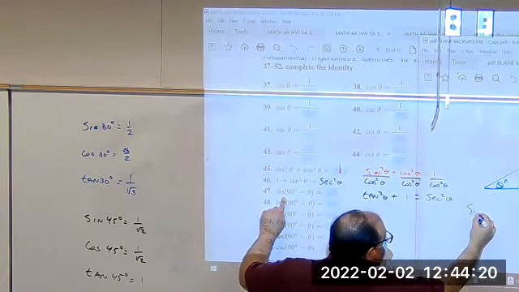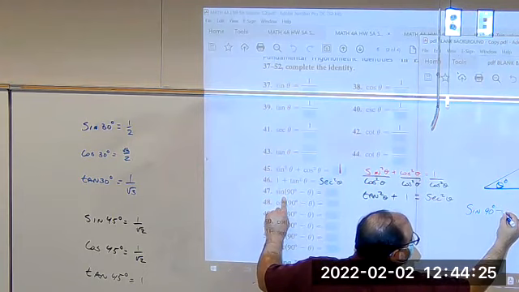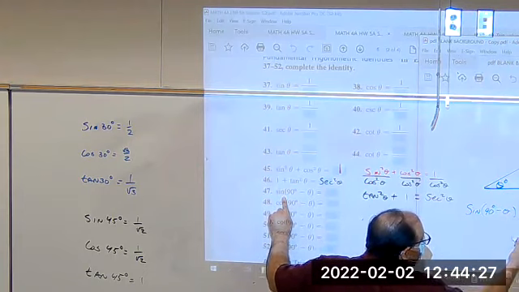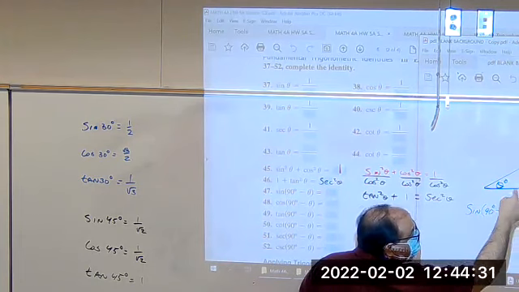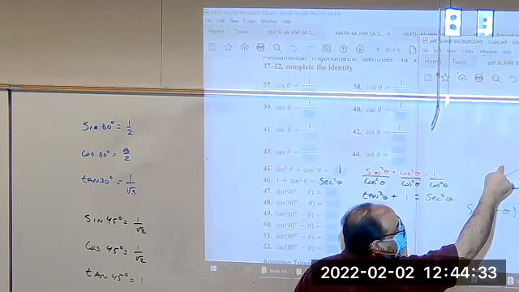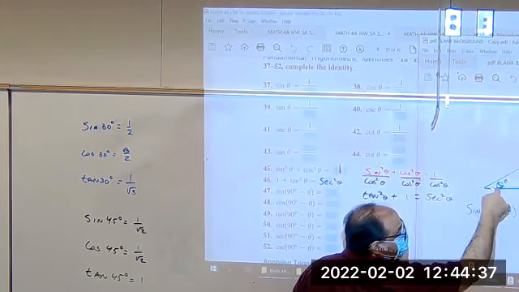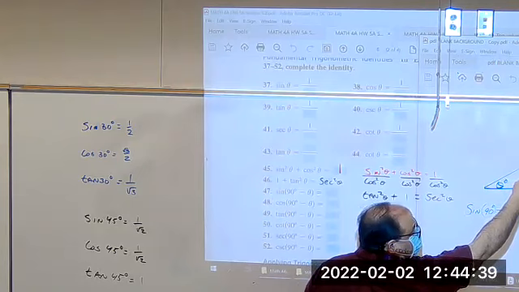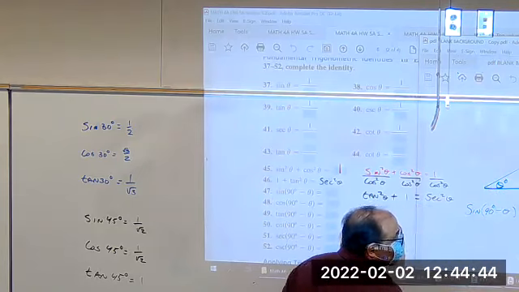If you have the sine of the 90 minus theta, it's equal to, well, the sine of this one is the opposite over the hypotenuse. So in terms of theta, the sine of this angle is the cosine of that angle.